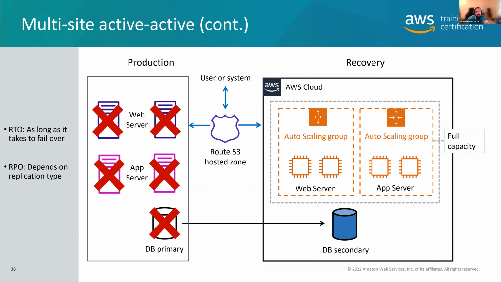My only issue with this is that I don't know that you could get away with this guy being a secondary. I think that had to be some kind of primary, like multi-master, multi-primary, multi-active databases. So this is when you need the recovery to be really in seconds.